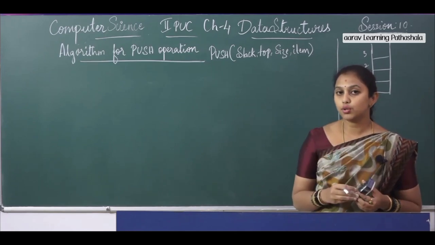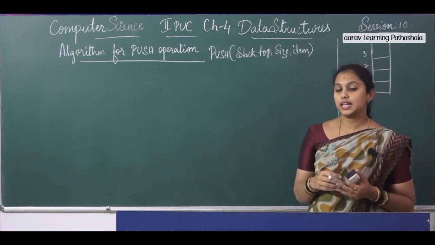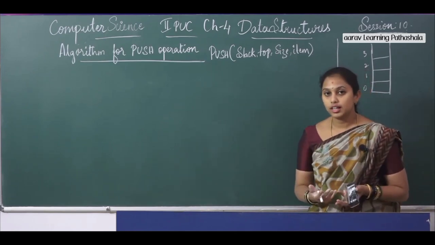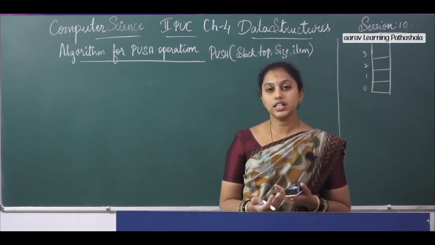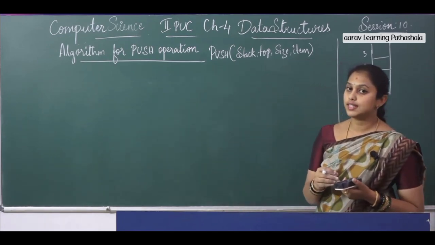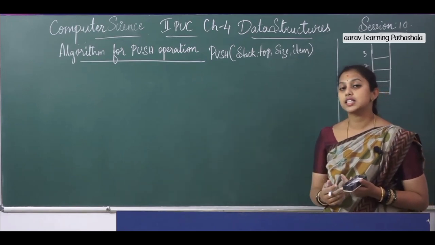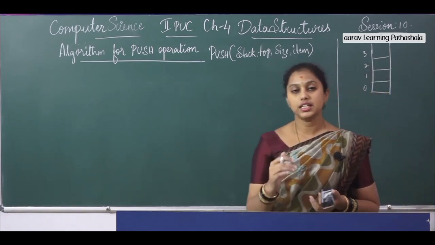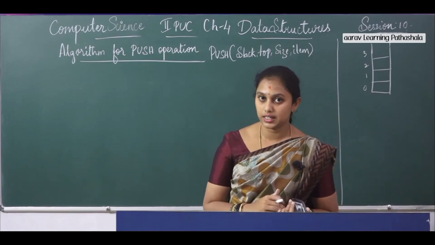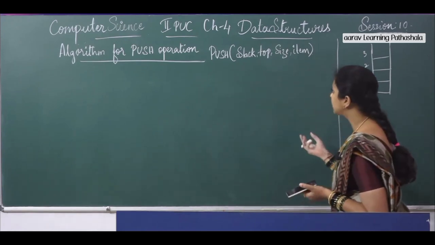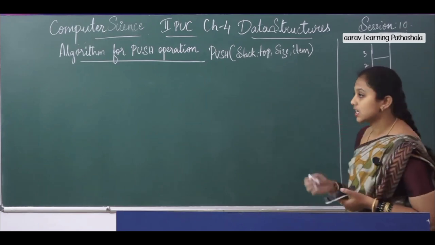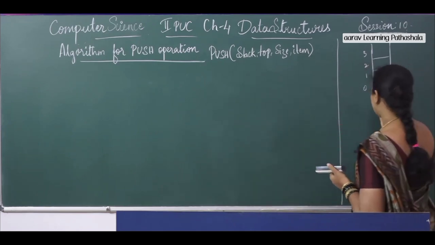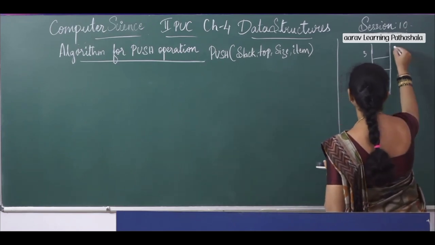So, what is an overflow state? Overflow state means if the stack is full. If the stack is completely empty, then it is in underflow state. So, while pushing an item, we are checking for overflow state. That is, if top is equal to n minus 1.